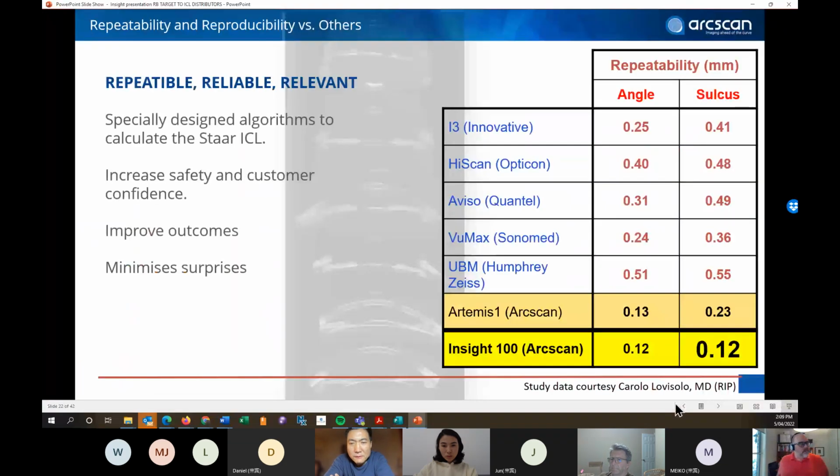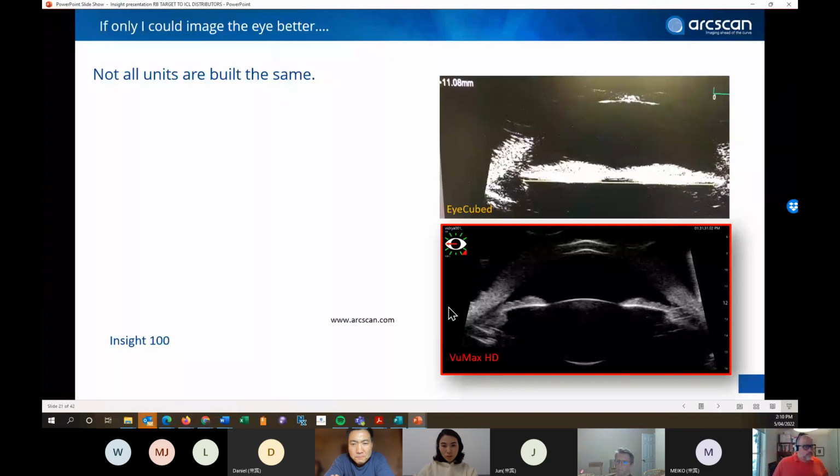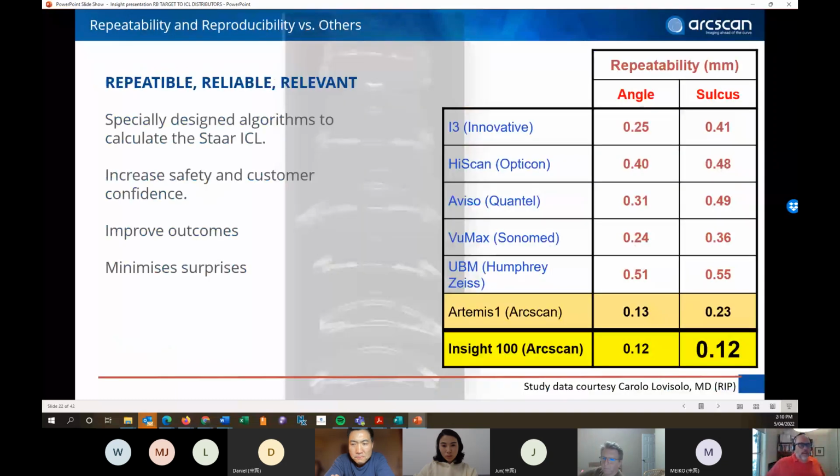So in this case, we did cases, and we measured the repeatability across the use of different units. You can see that with the iCube, it's 0.25 millimeter, so you have a quarter of a millimeter wrong all the time.